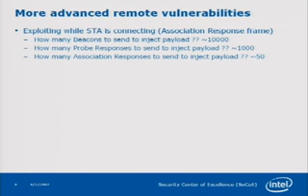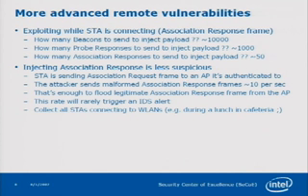To inject a probe response, it is necessary to send hundreds or even thousands of probe response frames, and it's enough to send just 50 or 100 association response frames to flood the actual association response frame from the legitimate access point.